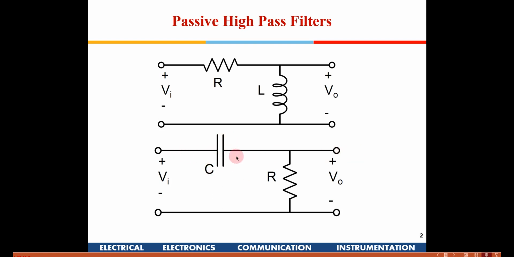Whereas at high frequencies, the capacitor's impedance will come to very low values, because it is 1 by C omega, and hence the high frequencies will pass through without any attenuation. So this is how the high pass filters can be implemented using an RL circuit or an RC circuit.